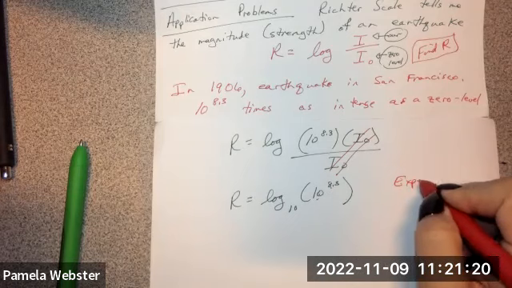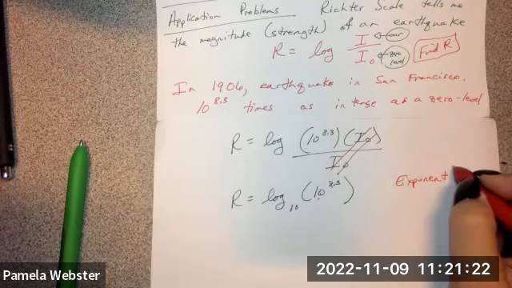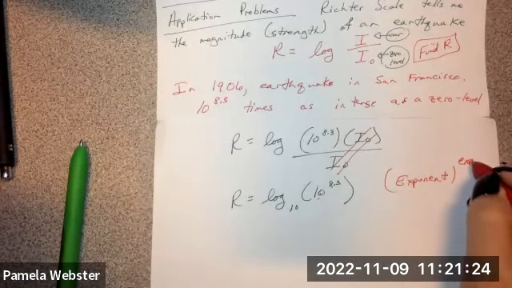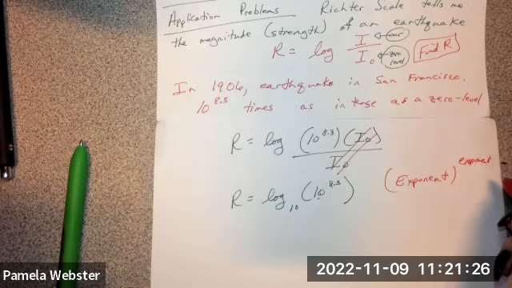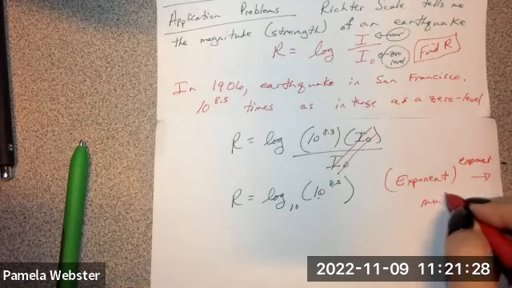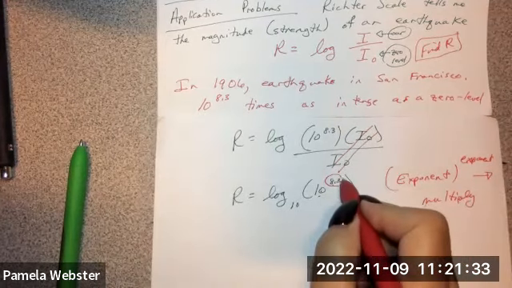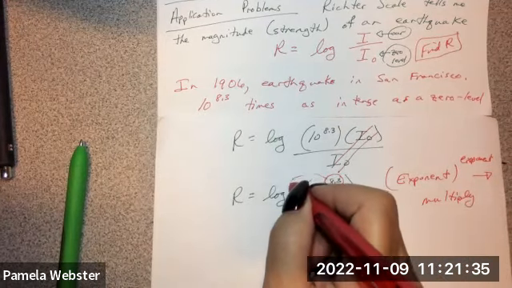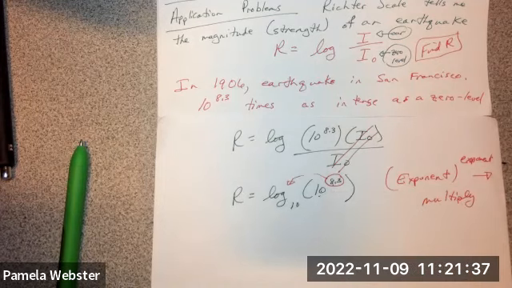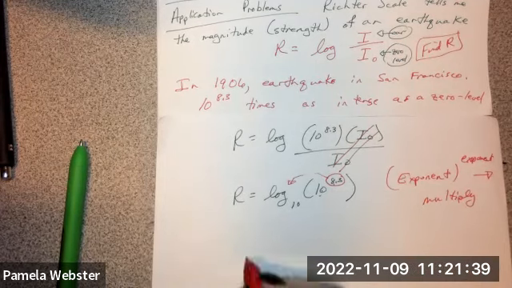The rule for that was multiply. So I want to multiply this exponent by whatever's going on with this whole logarithm, so I'm going to pull it out in front.